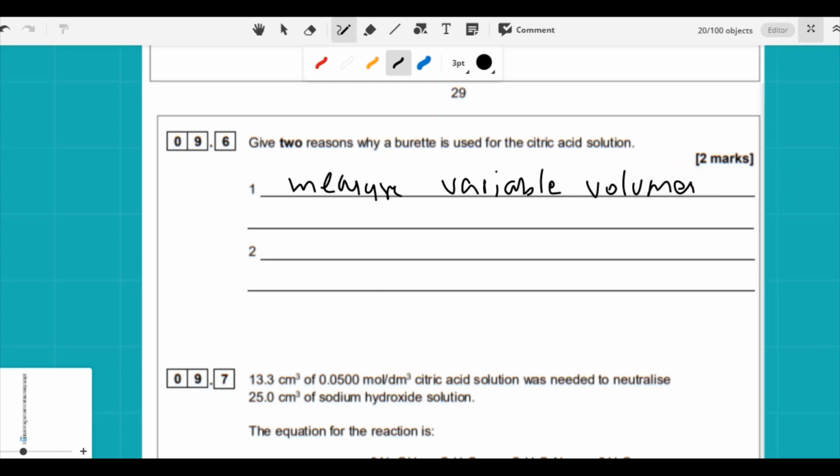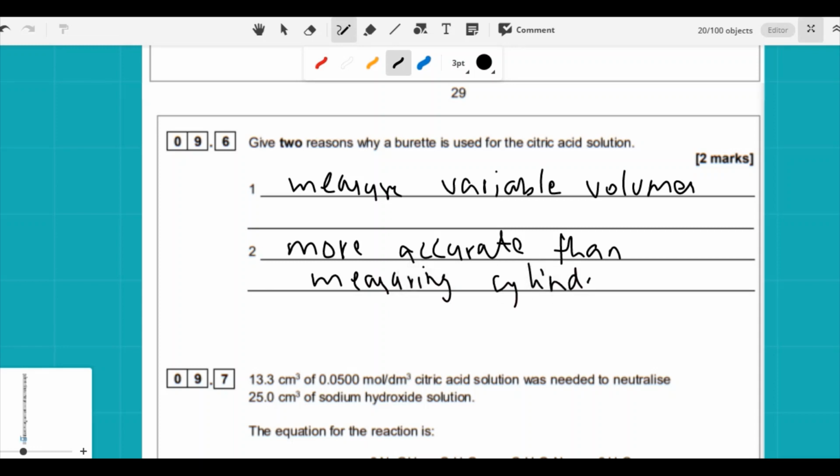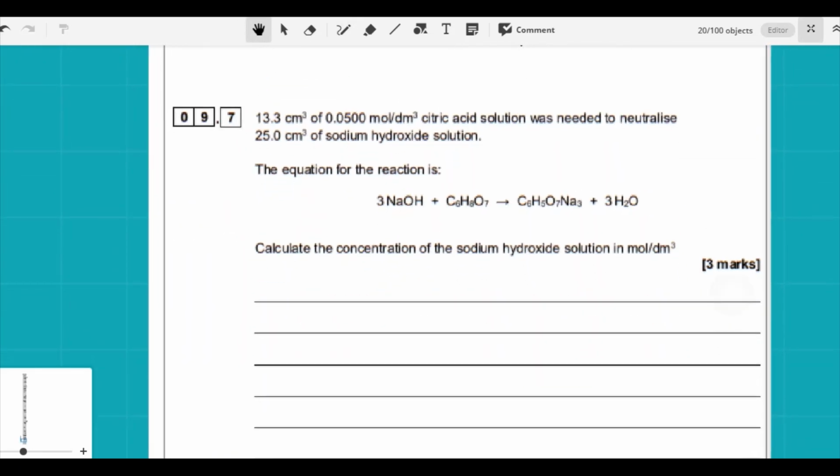And the second one is that a burette is used instead of a cylinder because it is more accurate than measuring cylinders.